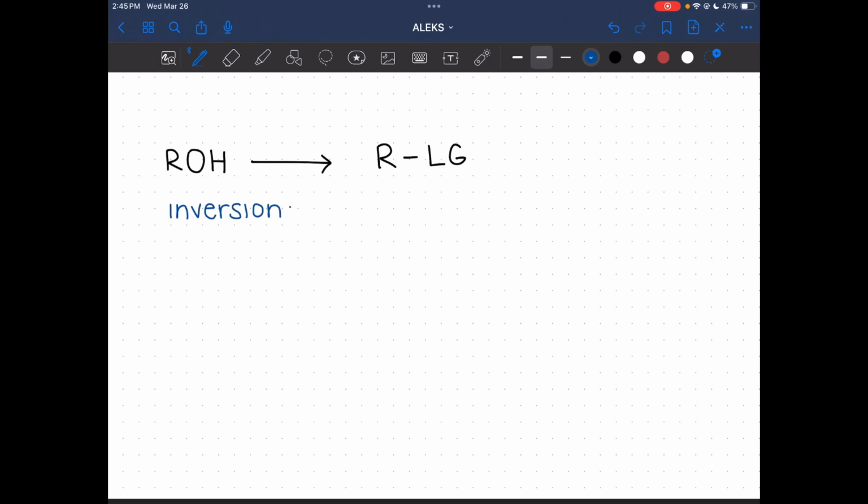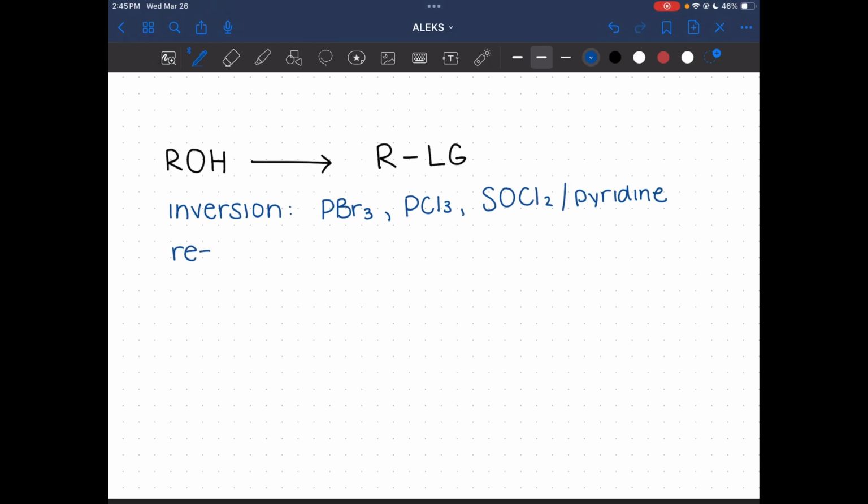And our inversion reagents for this would be either PBr3, or we can do PCl3. Both of these are basically the same thing. And so is SOCl2 plus pyridine. These will let you invert the stereocenter that the alcohol is on.